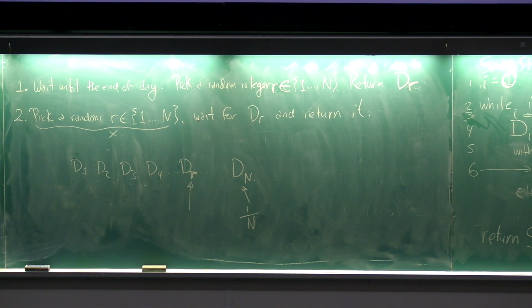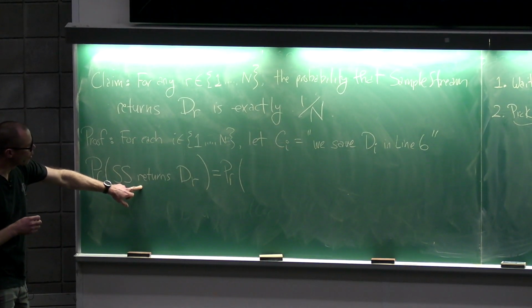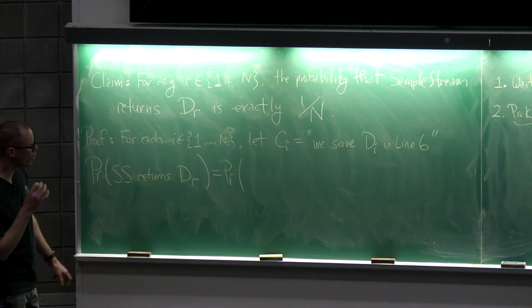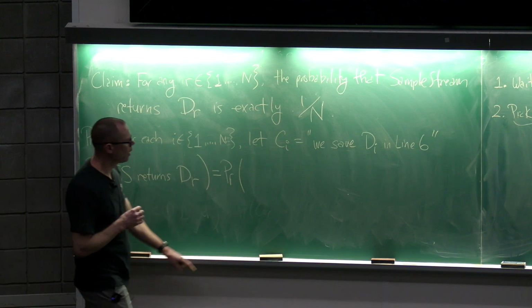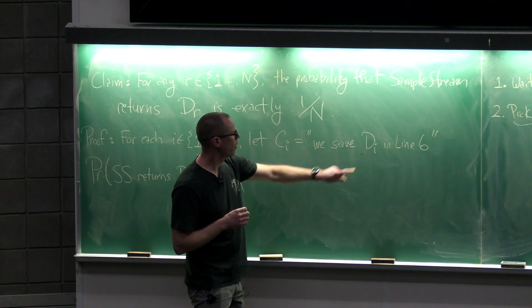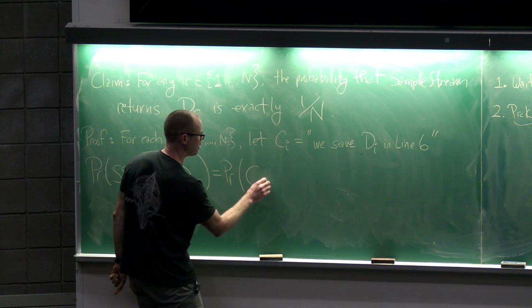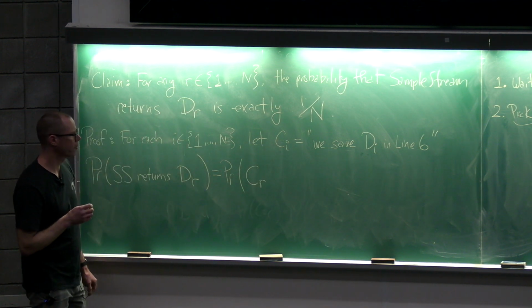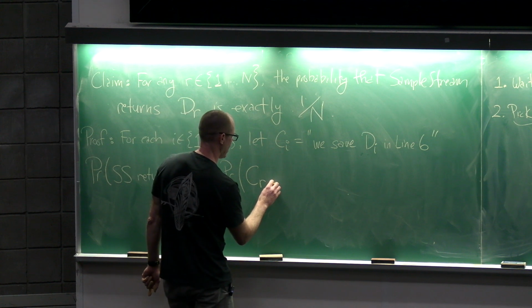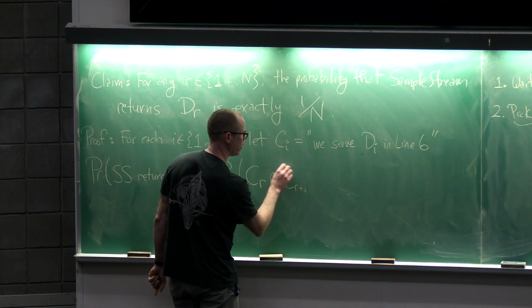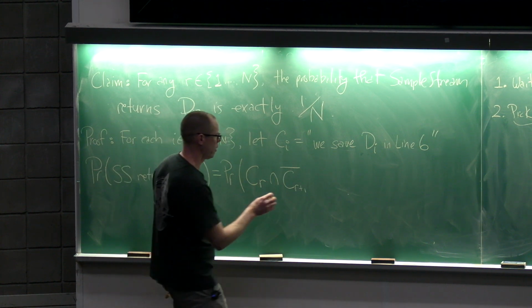So that means that this probability that we return dr, we have a name for each of those individual events. We have to save dr, so that means the event Cr has to happen. And Cr plus 1 better not happen.